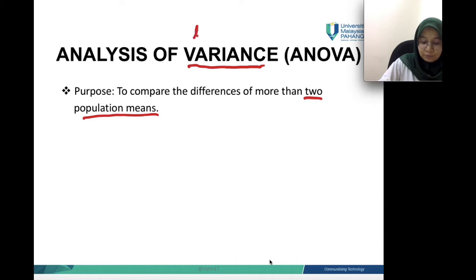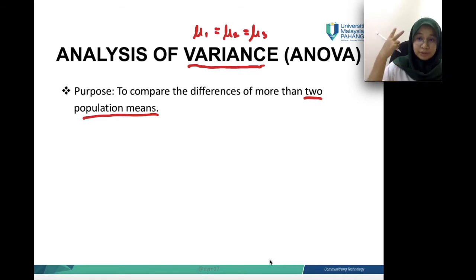Let's say you have mu1, mu2, mu3. You want to know if these three population means are equal or not. Can you use the traditional hypothesis testing approach? No, because hypothesis testing can only compare two populations. When you have more than two populations, you have to use ANOVA to compare the difference, to compare the similarity.